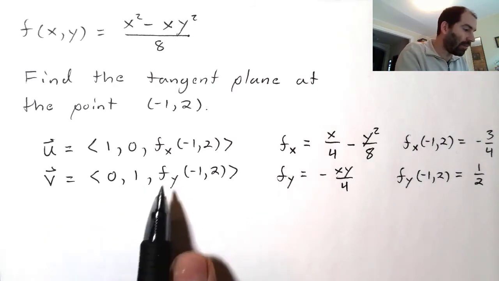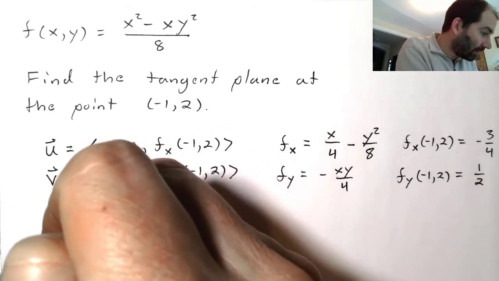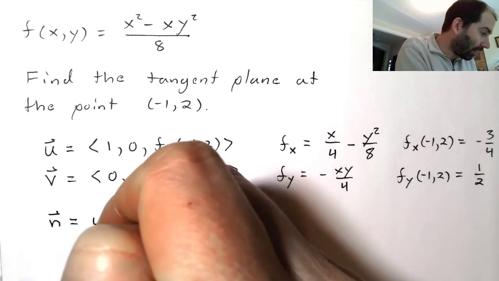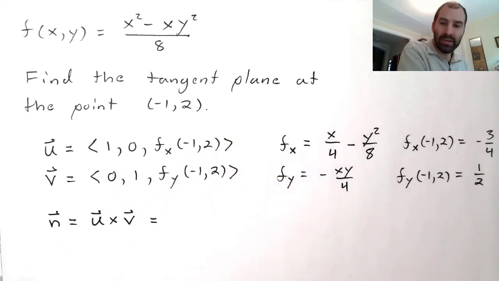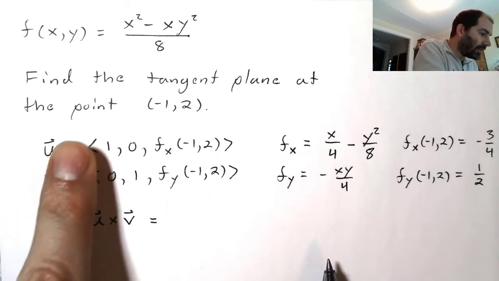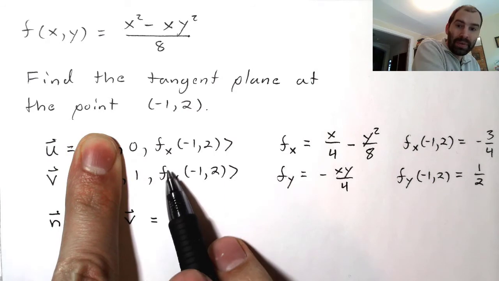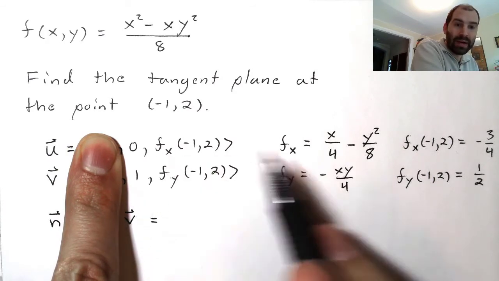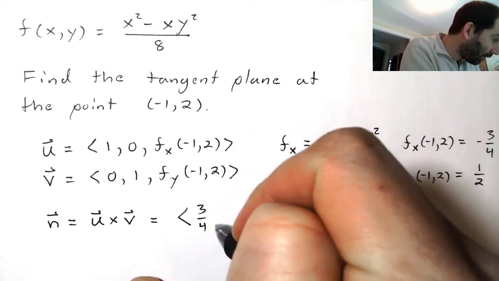Okay, so now I know what my vectors u and v are. And from those vectors, I can compute the normal vector n by taking their cross product. How do I take their cross product? Well, we just do this. We take this times this, that's 0, minus this times this. So minus -3/4, that's 3/4.